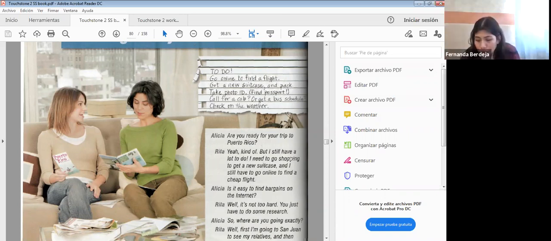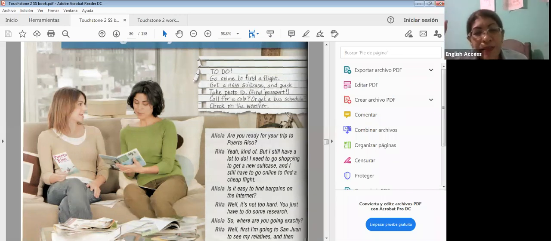Call for a cab or get a bus schedule. Check the schedule. Check on the weather. Okay, so these are some ideas that she has. So these are some activities that she has to do before going on a trip.